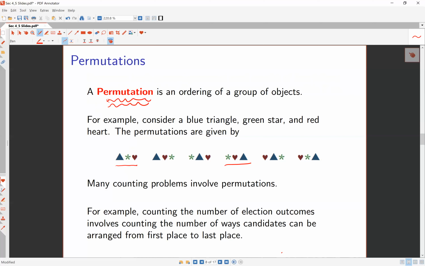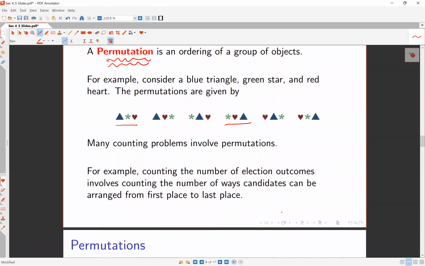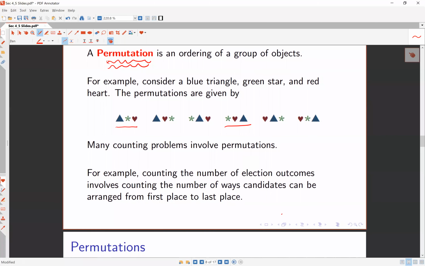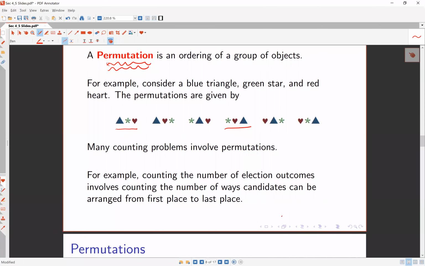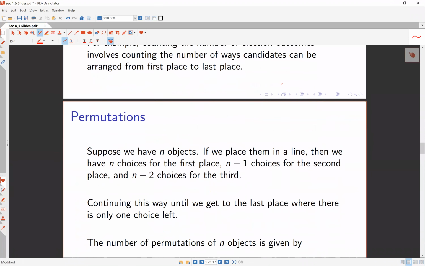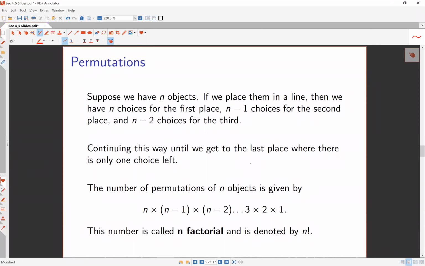So permutations can connect back to voting, for example, if you are asked to rank your candidates. So there's an example where you line election candidates up in a specific order, and each such order is called a permutation.